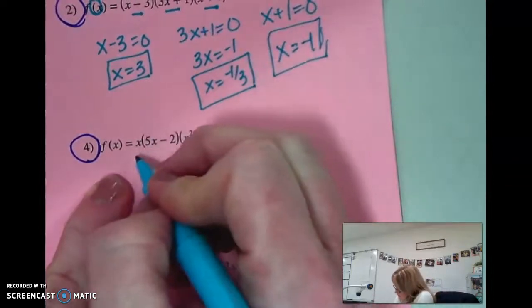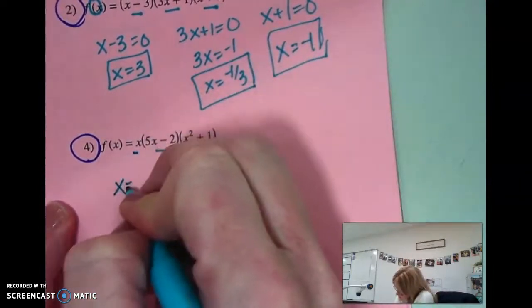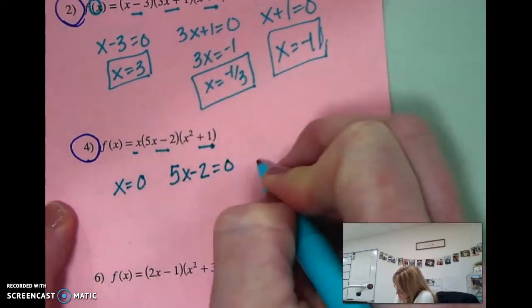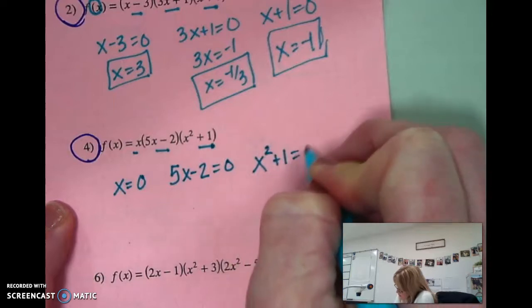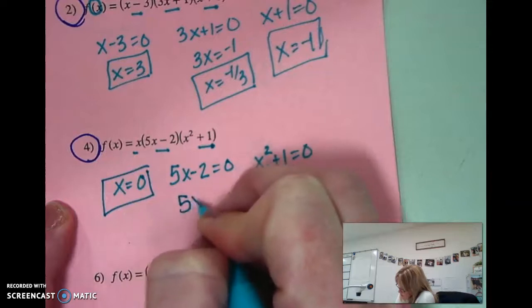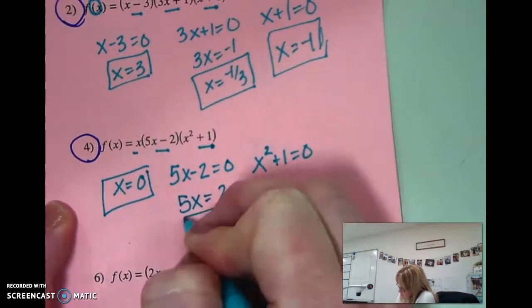Same thing here. Something times something times something. Either x equals 0, 5x minus 2 equals 0, or x squared plus 1 equals 0. This one's done. If I add 2 to both sides and divide both sides by 5, I get 2/5.